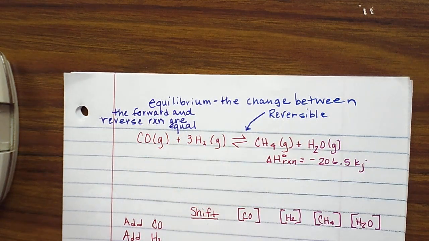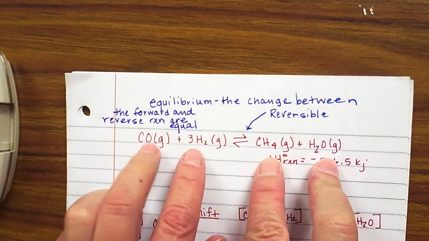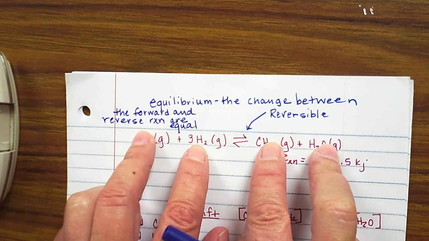So what's happening between the forward reaction and the reverse reaction is equal. Therefore, the concentrations of the products and the reactants do not change.